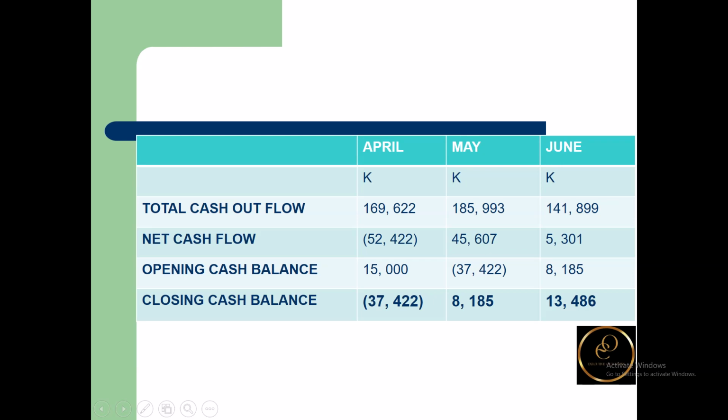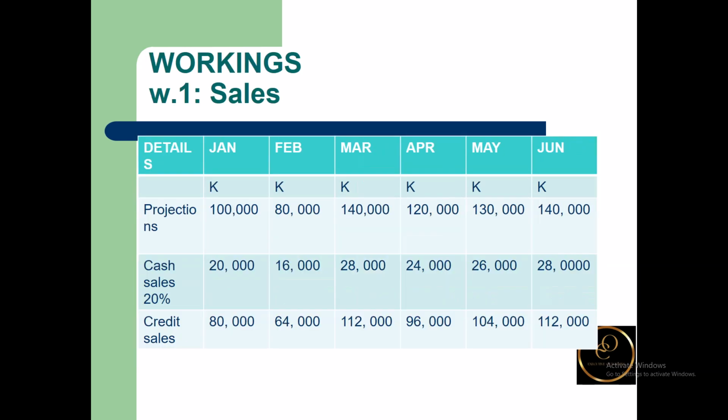So 5,301 plus the opening balance of 8,185, we are going to expect an end cash balance of 13,486. So I believe that has helped you to understand how we prepare the cash budget, especially in an exam kind of situation.